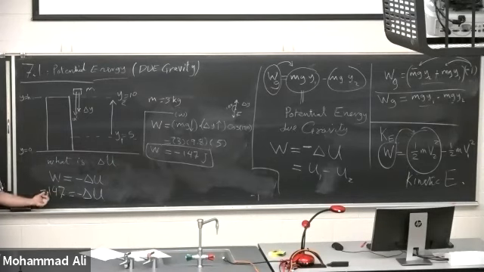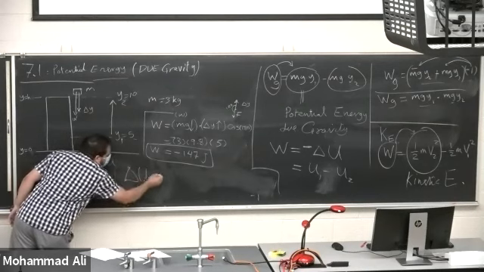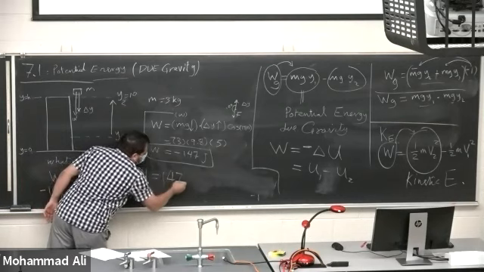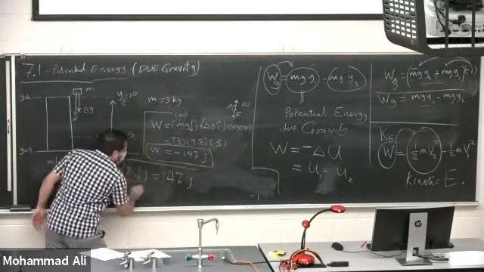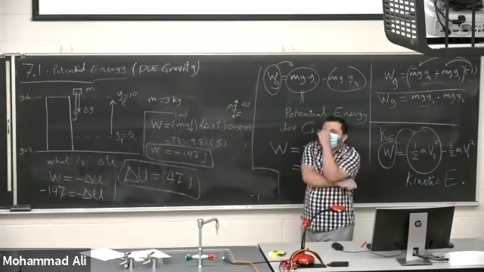So negative with negative is positive, then delta U is equal to 147 joules.